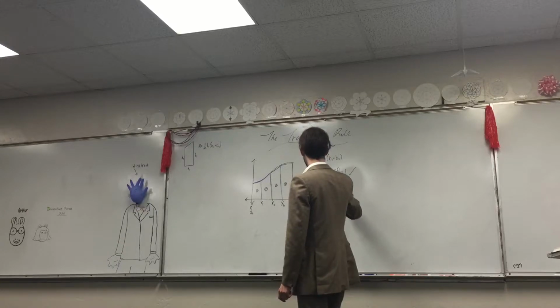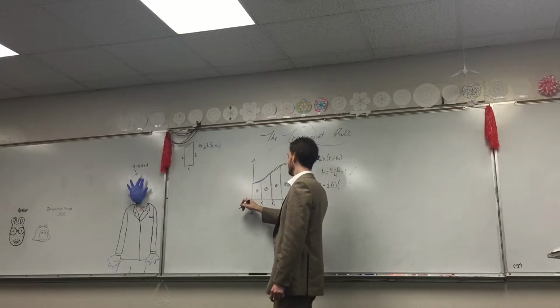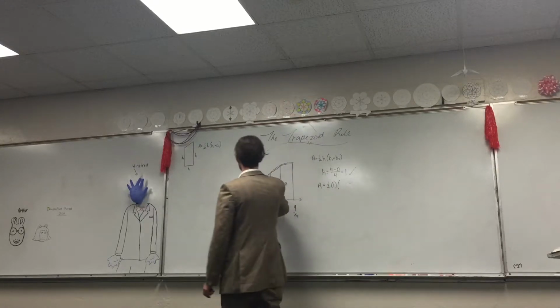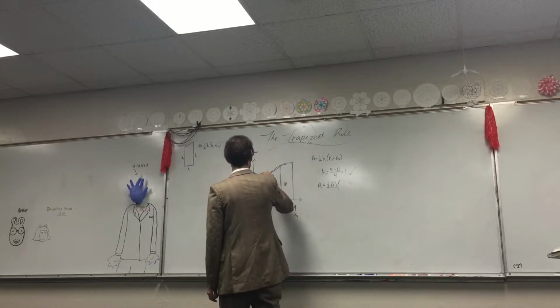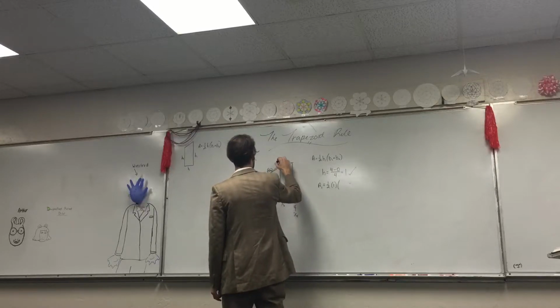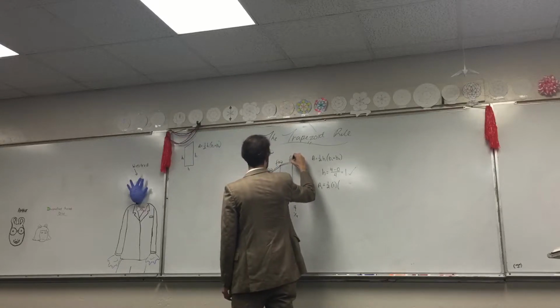So it's going to be 1/2 times 1 times, what's B1 in this case? f of x0, right? Because this point here is f of x0. This point is f of x1. This point is f of x2. This is f of x3. And this is f of x4.